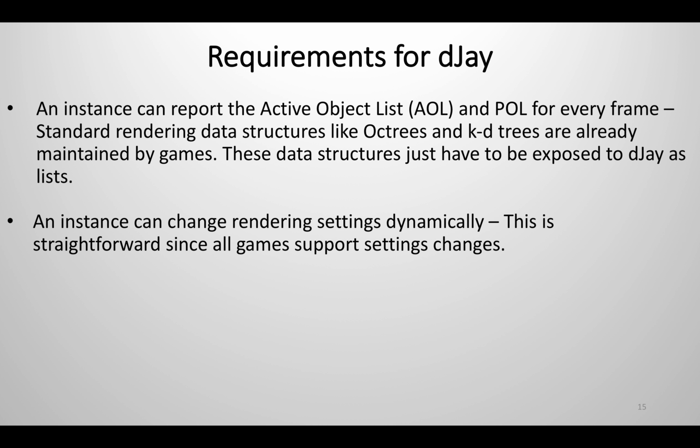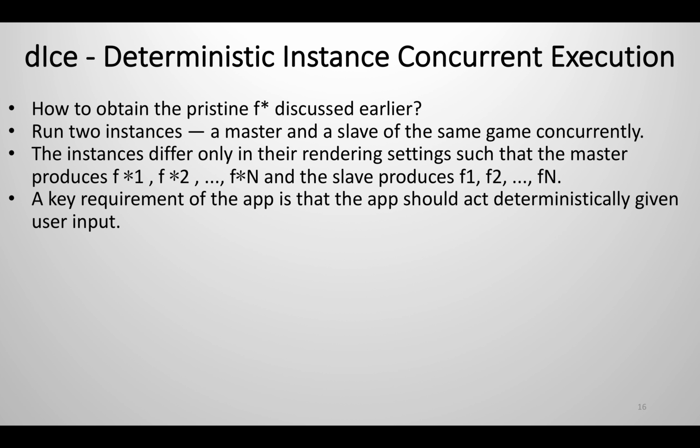We use these data structures for these lists, and then use them for our computation. And an instance can change the rendering settings dynamically. This is straightforward because all games support these changes in rendering settings, as we discussed previously.